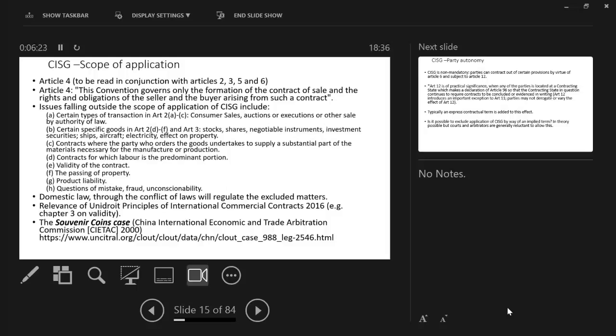Ships and aircraft. Ships have a very specific framework for transactions and are separated out of this. Similarly, aircraft and aircraft financing are also separated, and as we'll see later, separate mechanisms typically govern those sorts of transactions.